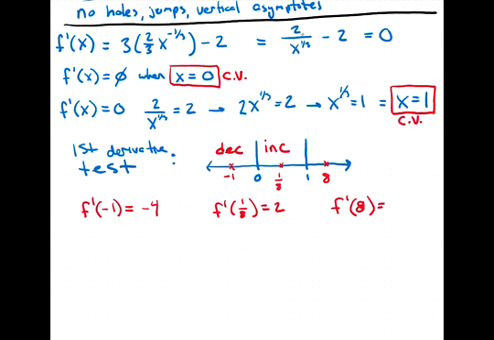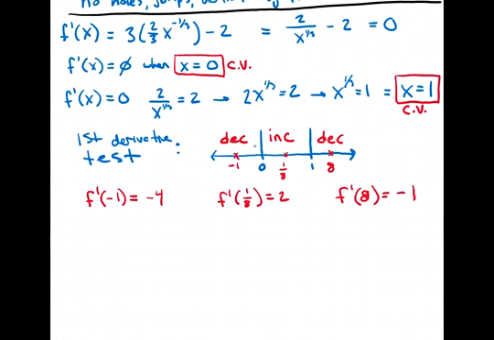That 2 over 2 is 1, so we get 1 minus 2, which is -1. The derivative is negative, so the function is decreasing. And since at x equals 0, the function changes from decreasing to increasing, there's a minimum value.